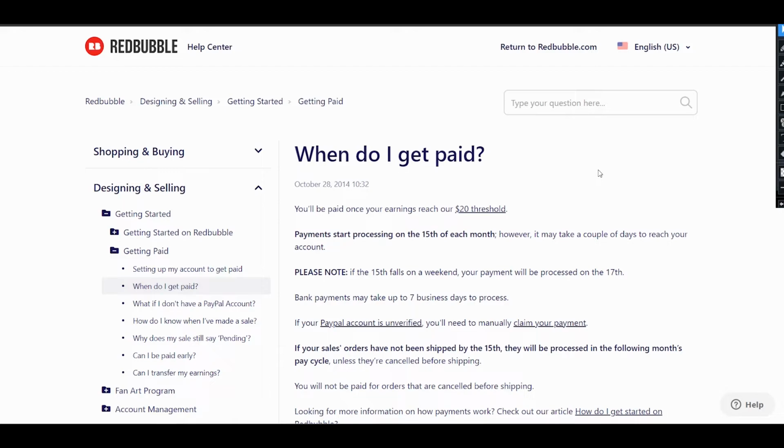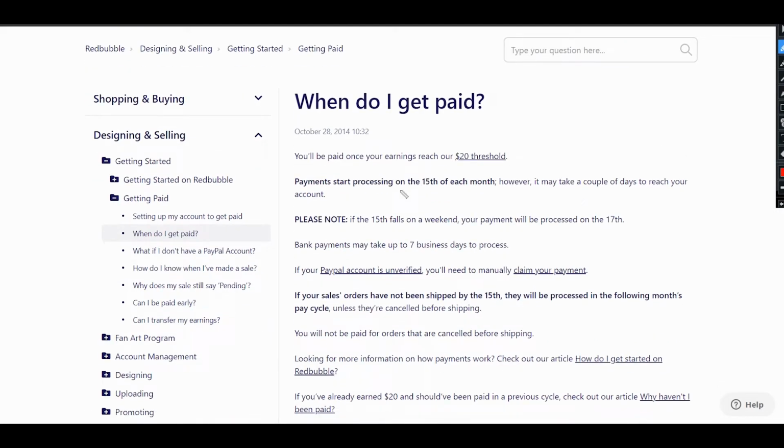Yes, of course, if you do not earn so much in one month, it will be accumulated for the second month, and so on. And the month when you have $20 on your account, your payment will be processed, and it will be on the 15th day of the month, nearly the 15th day of the month, because it can be a couple of days after this date.